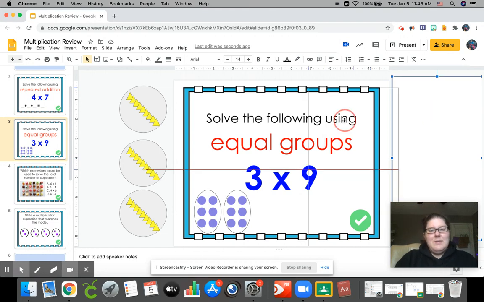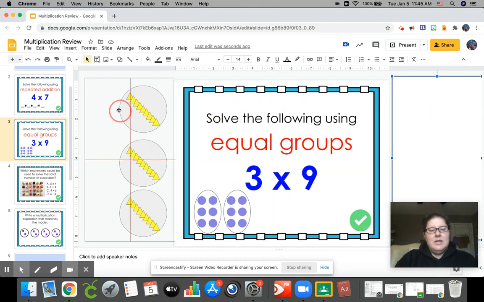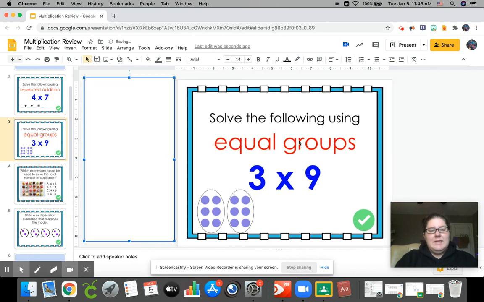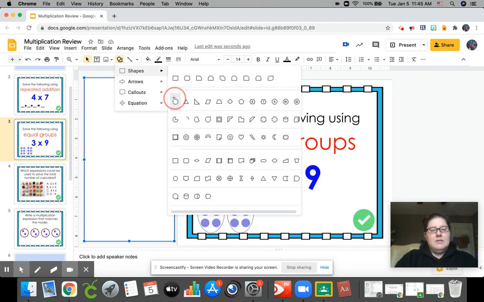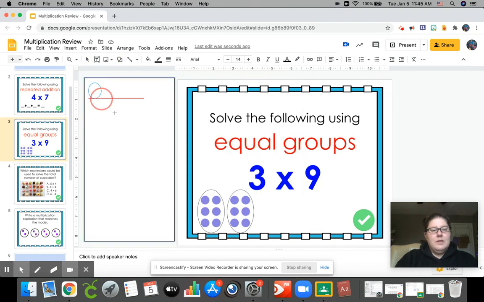So we're going to do the same thing, but this time we're going to do groups of 9. So instead of 3 groups of 9, we're going to do 9 groups of 3. So I'm going to make a circle, and I'm going to copy it and do it 8 more times. 1, 2, 3, 4, 5.